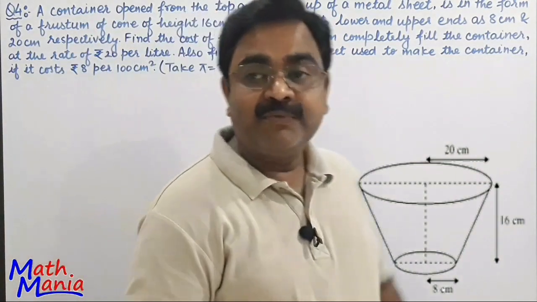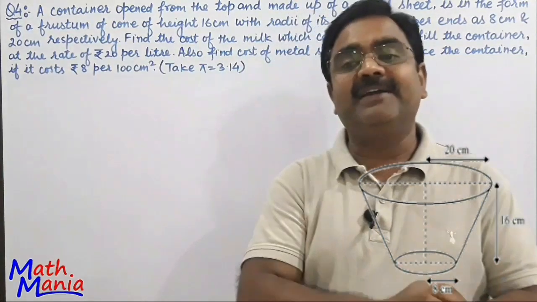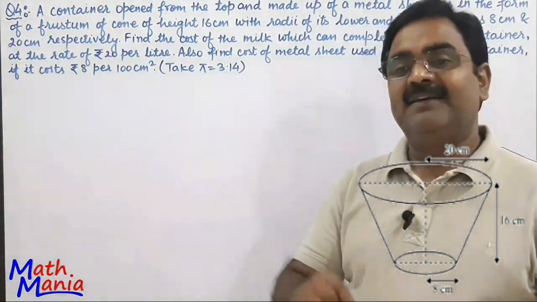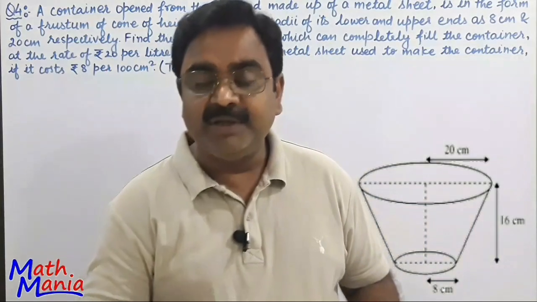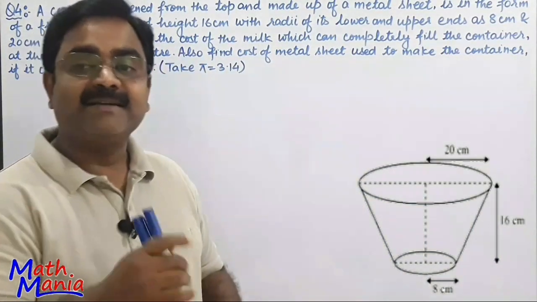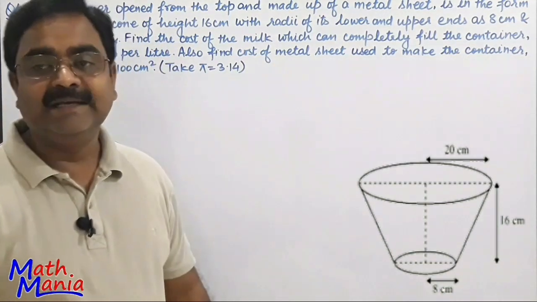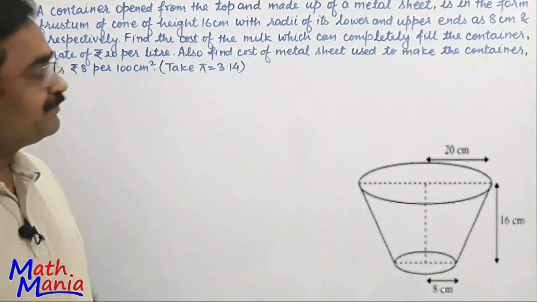It means we have to find the amount of milk that can fill the container, and then after getting the amount of milk we have to find its cost, as the rate is given as rupees 20 per liter. Understood?